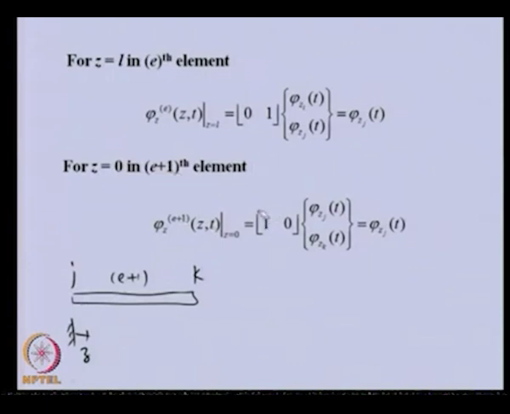In this particular case Nj will be 1 and this will be 0, and you can see after multiplication we get the field variable at the jth node. So, both elements give the same angular displacement at the common node. We call these compatible. So, this is the satisfaction of the compatibility condition. Whatever polynomial we have chosen in the form of the shape function, it is compatible for the present problem.